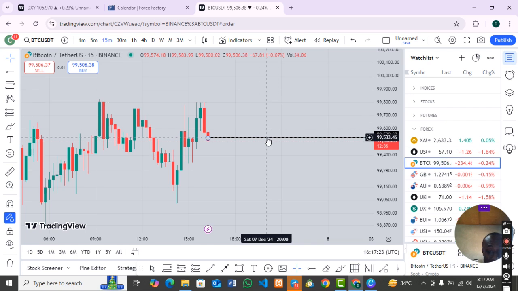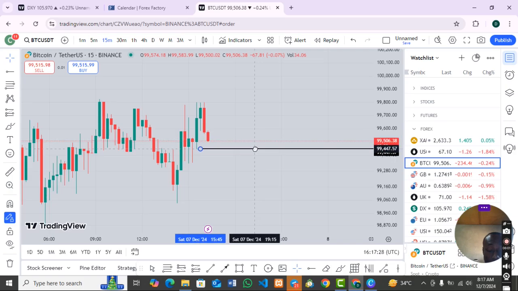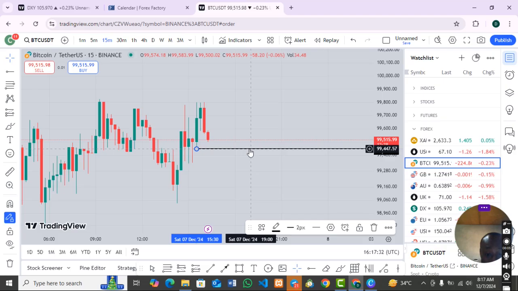Most of the time when you see me jumping into a trade, the price has reached a support area. Do we sell from a support area or do we sell from a resistance area? You will see me selling from a support area without the support being overtaken or broken down.